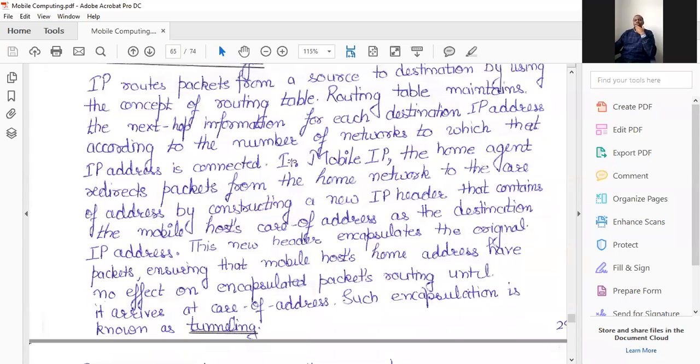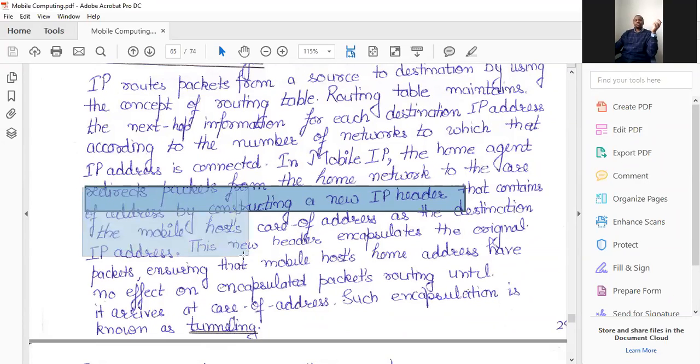Then what happens next? Then the home agent redirects packets. The home agent is basically that router. It can be a device, a router or an algorithm. So if it is a router, the home agent is that router. The home agent redirects the packets from the home network to the care of address by constructing a new IP header that contains the mobile host's care of address as the destination IP address.